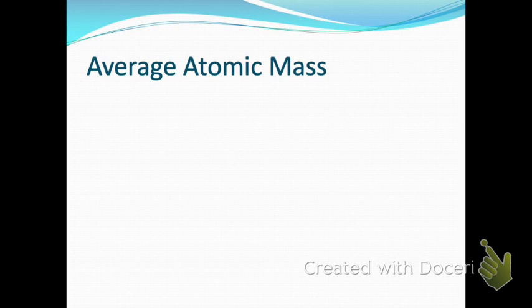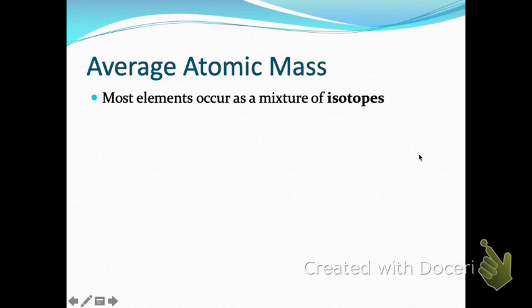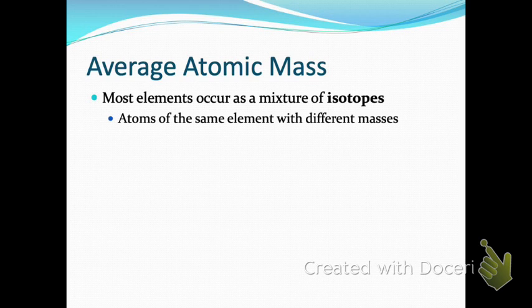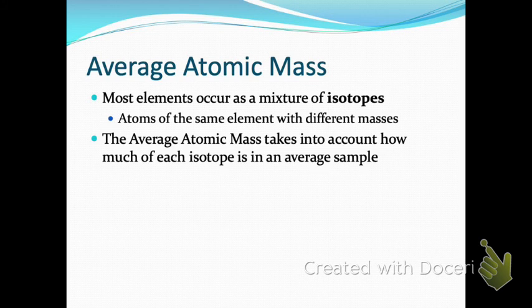The average atomic mass that you see on the periodic table is not the atomic mass of a single isotope. It's an average of all of the isotopes. The average atomic mass takes into account how much of each isotope is in an average sample.